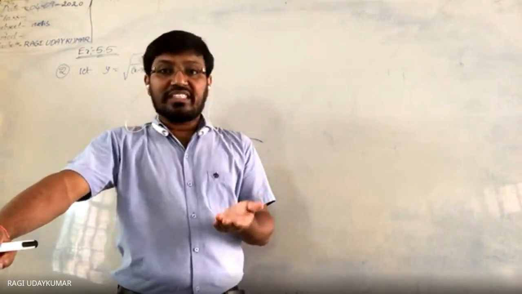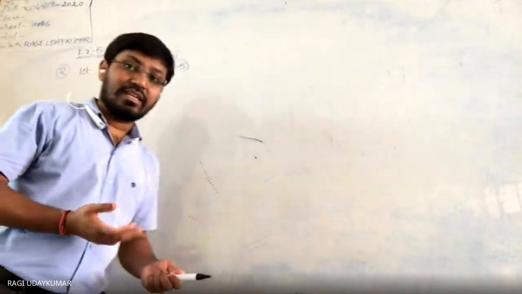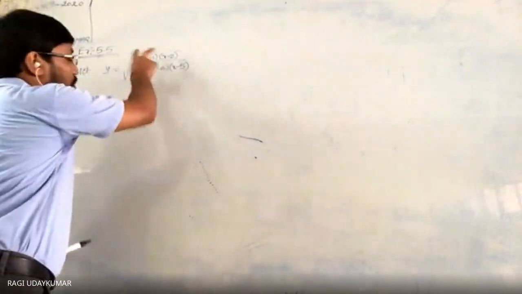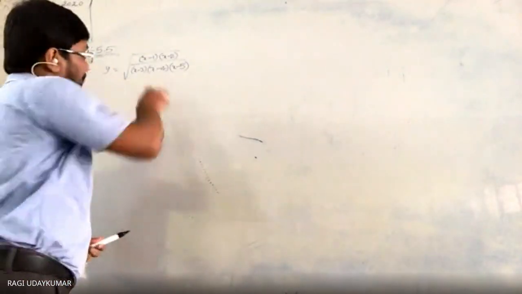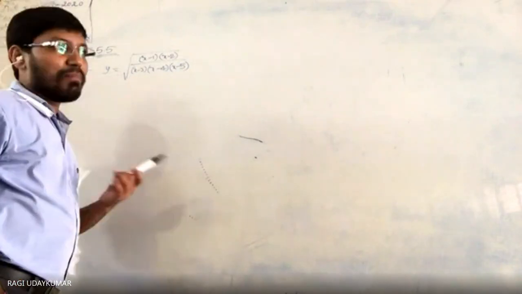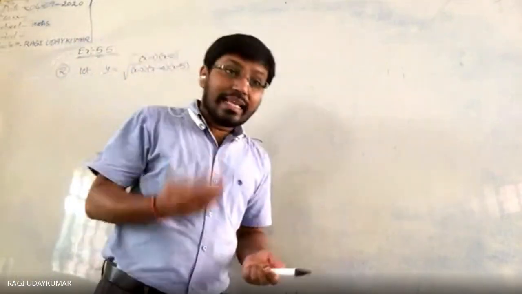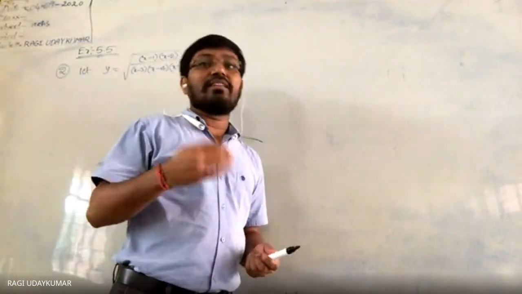But more than two functions means here, x minus 1 is one function, x minus 2 is another function, x minus 3 is another function, x minus 4 is another function, x minus 5. In the numerator, two functions are a product, and in the denominator, three functions are a product. Like this, when a complicated, larger number of functions are in the form of a product, then in that case, you need to take the logarithm on both sides.